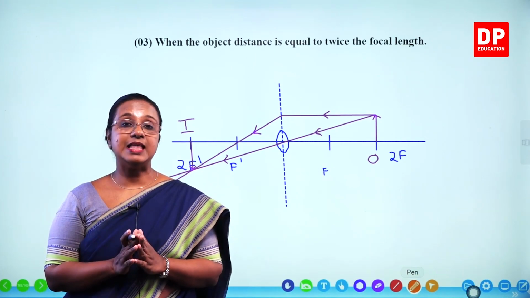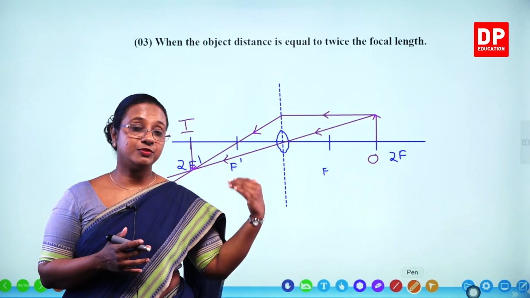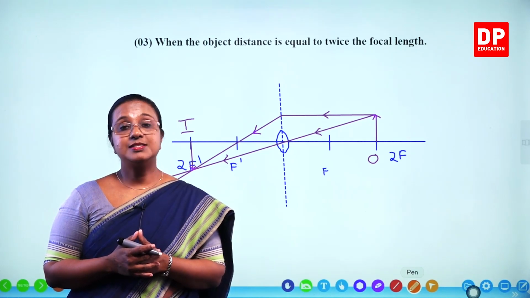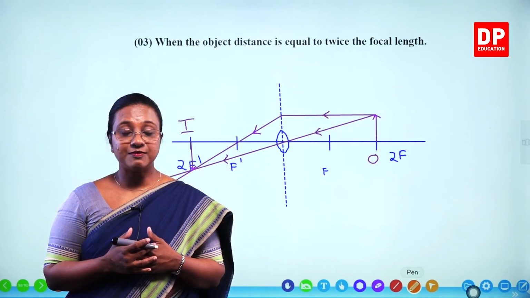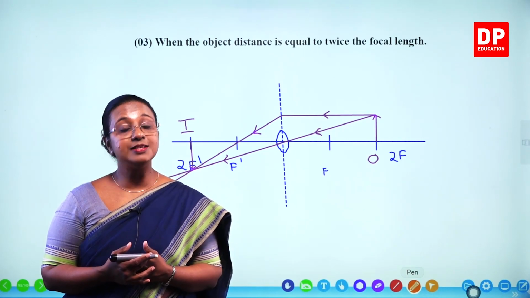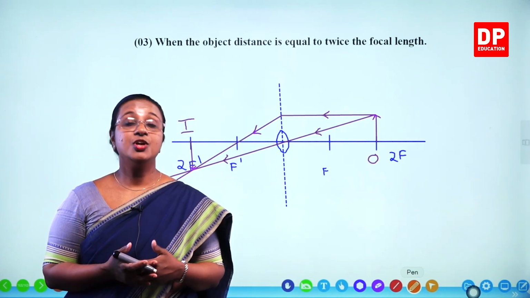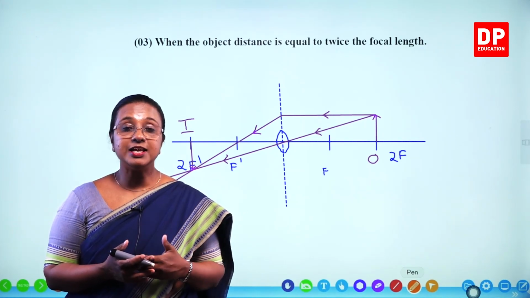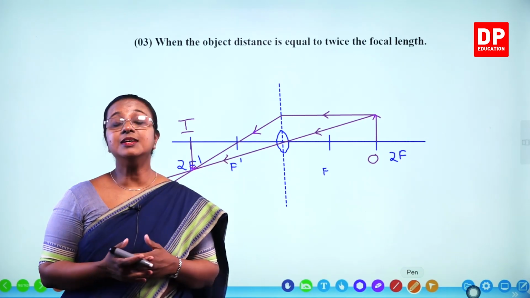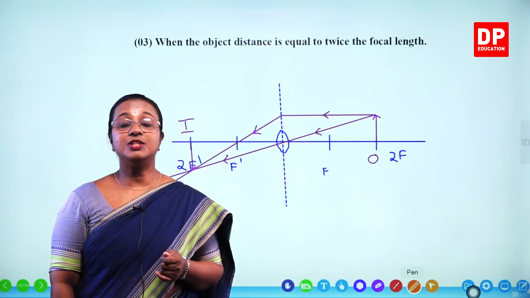But even with that, you have to read the textbook again. You have to listen to the discussion if you need to clarify more, and also you have to practice drawing ray diagrams and answering questions so that you will become very competent to answer any type of question related to this lesson.